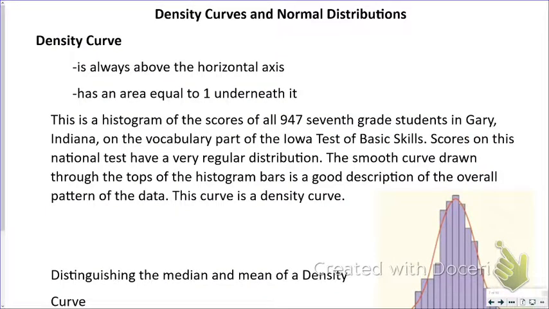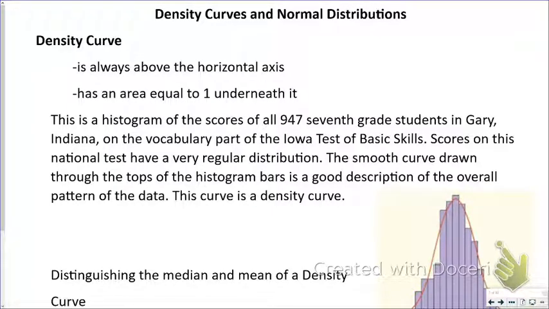We call it a density curve for the portion that's above the horizontal axis, and if the entire area under the entire distribution is 100%, that means the area under the curve is 1.0.